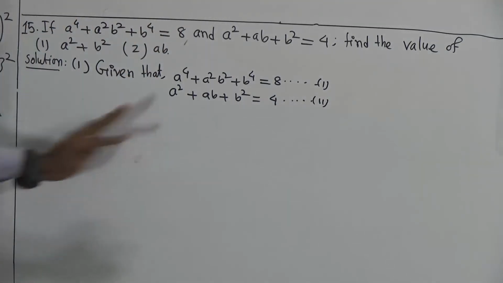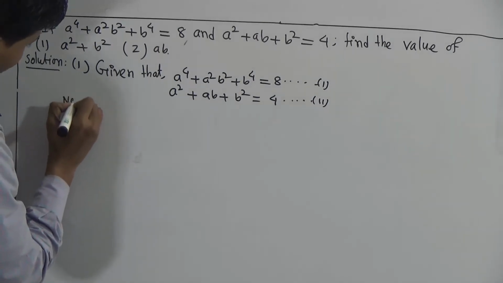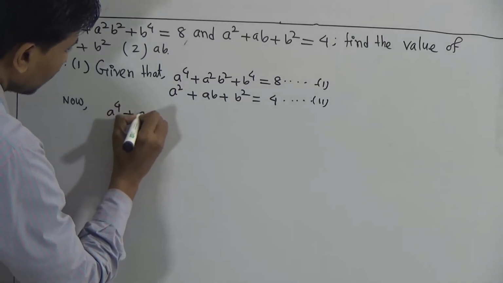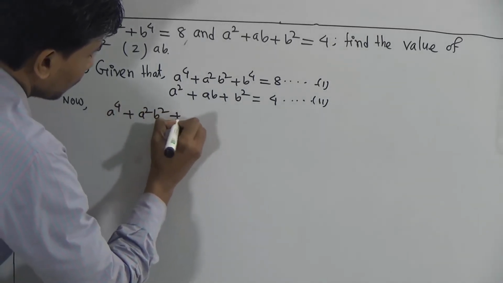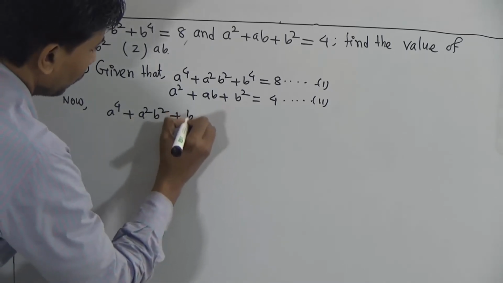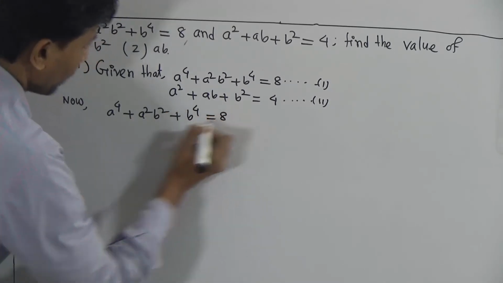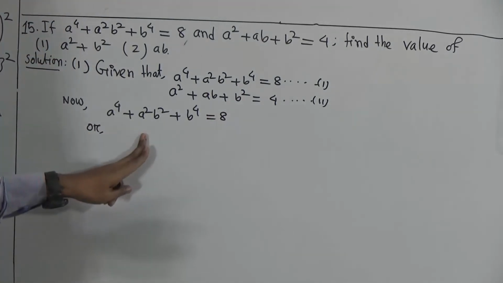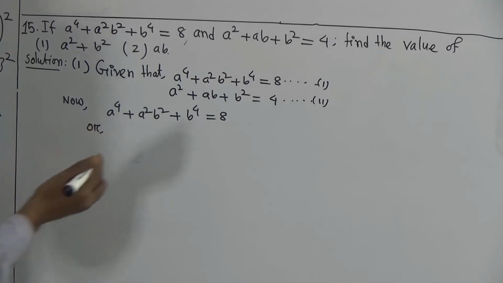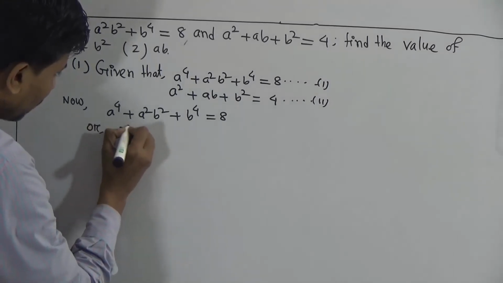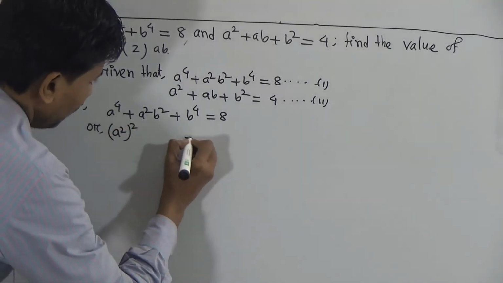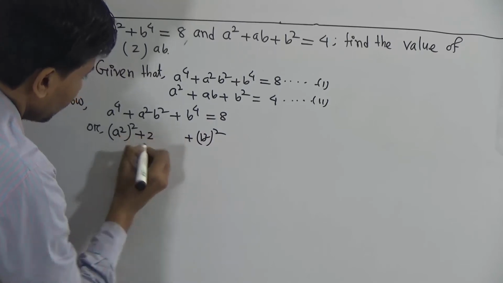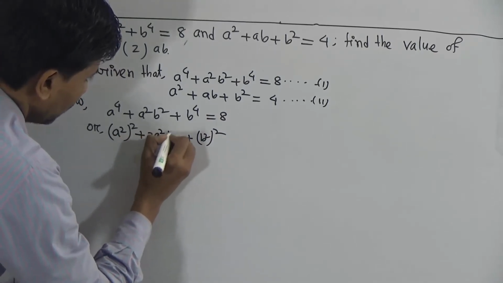Okay, look. Now a power 4 plus a square b square plus b power 4 equals 8. This is the expression we have to write as a product form.